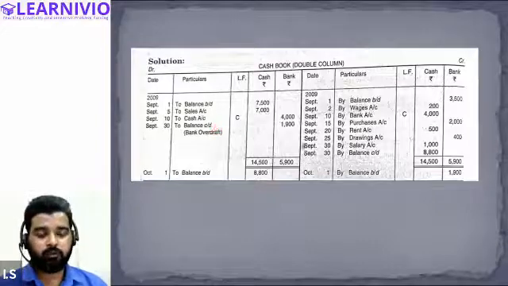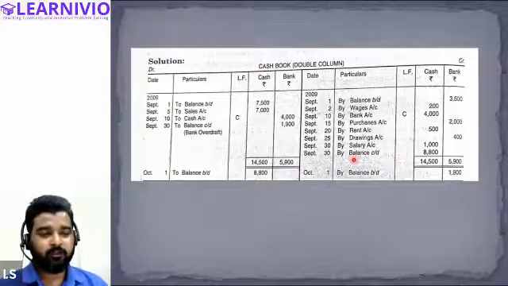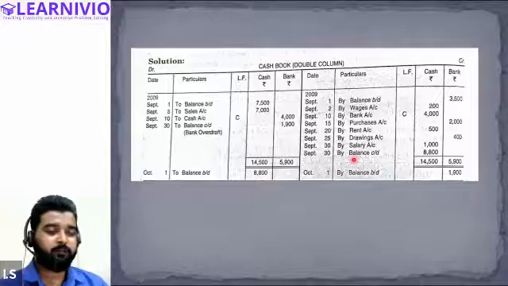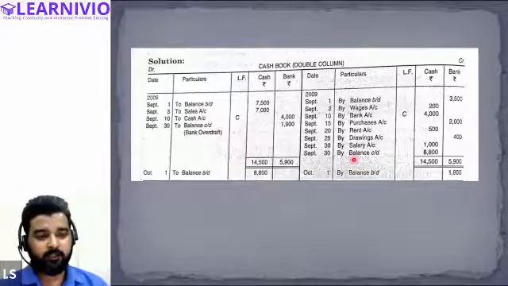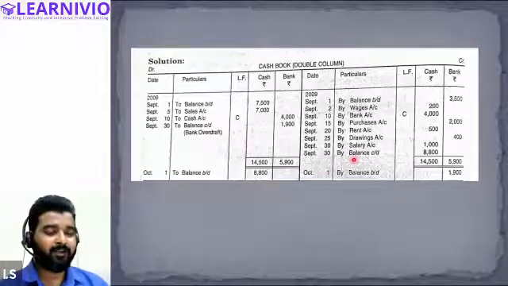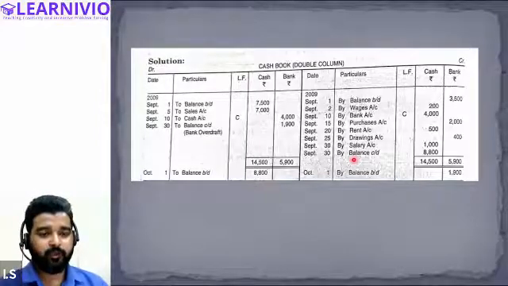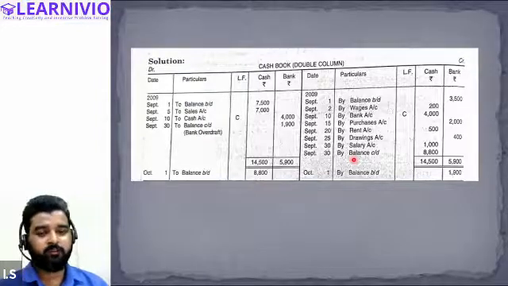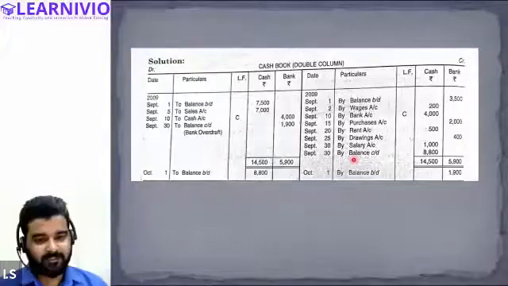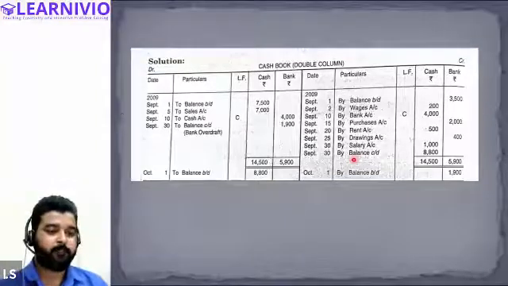So listen to me and remember this, that cash can never be negative, right? Because you cannot spend more than the cash available with you. You can only spend either an amount equivalent to the cash you have, or less than the cash you have.